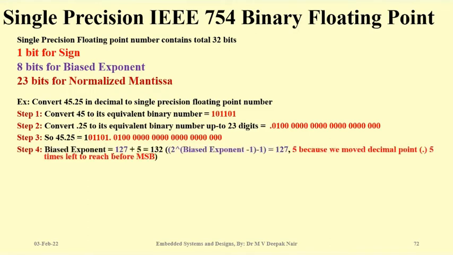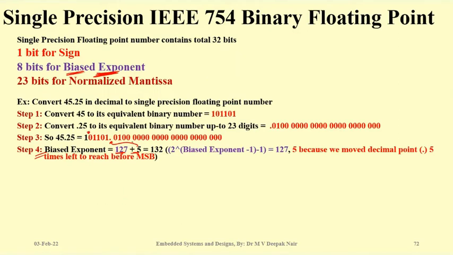Now what does that mean? First of all, to get the biased exponent number, we have to do a small mathematics. First, it is 127 plus 5. Why 5? Because you moved the decimal point 5 places to reach just before the MSB.